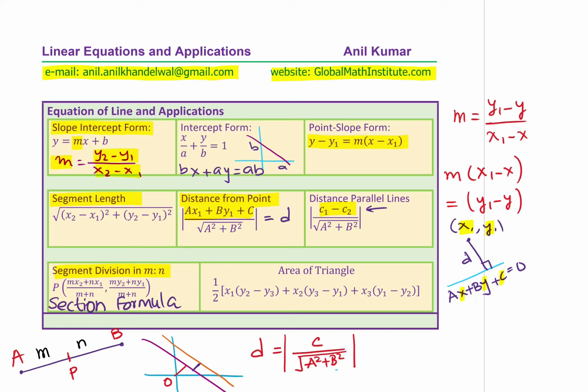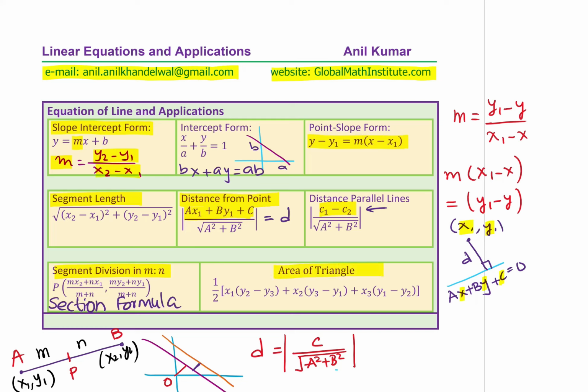Where the coordinates of A are x1, y1 and of B are x2, y2, the x value will be m times x2 plus n times x1 divided by the sum of m and n. Similarly, the y coordinate value will be m times y2 plus n times y1 divided by m plus n. Very useful formula, the section formula. When you divide a segment in the ratio of m is to n, that is how you can get it.